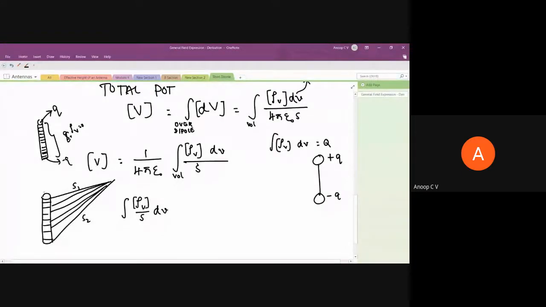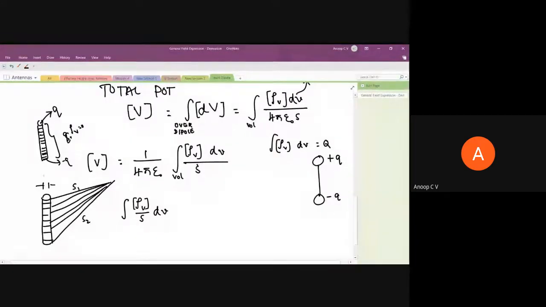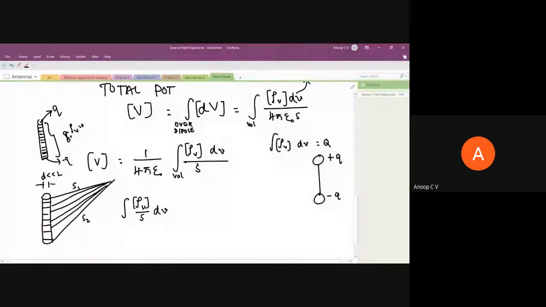So you can assume the thickness D is very small, as D is much less compared to L. So over the cross section you can assume the volume charge density is the same. Only with respect to length does it change.